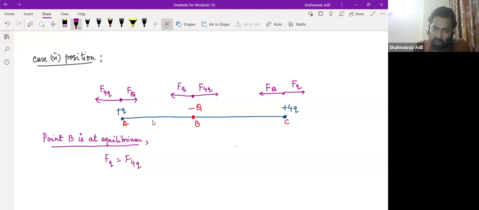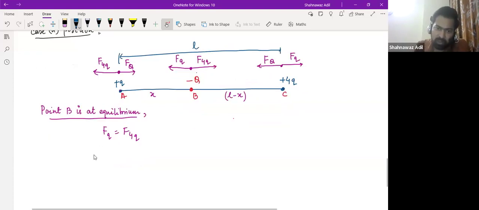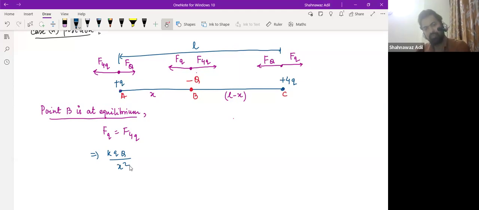This distance we have chosen as X, this distance is L minus X, and the total distance is L. So FQ, we already know what that would be. What is this FQ? It is KQQ divided by X square. Am I correct? Yes, sir.